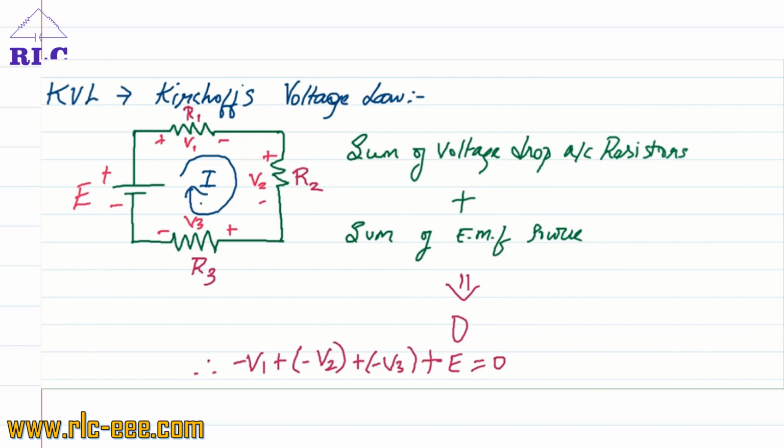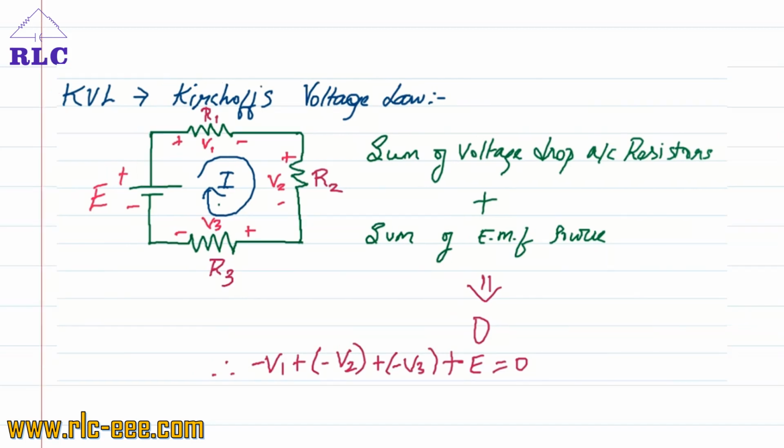This is the expression for KVL. The voltage drop across the resistor, from Ohm's law, is I into R1. KVL also states that the sum of voltage drops across the resistors is equal to the sum of the EMF sources. Let's solve problems, then you will understand clearly.